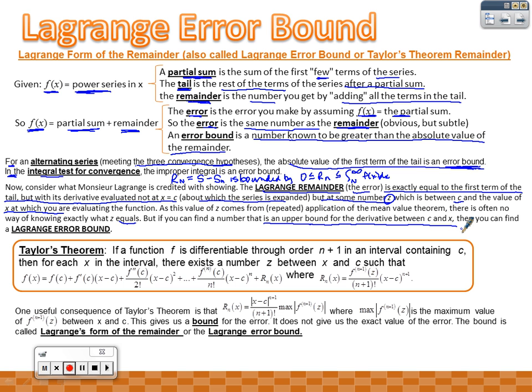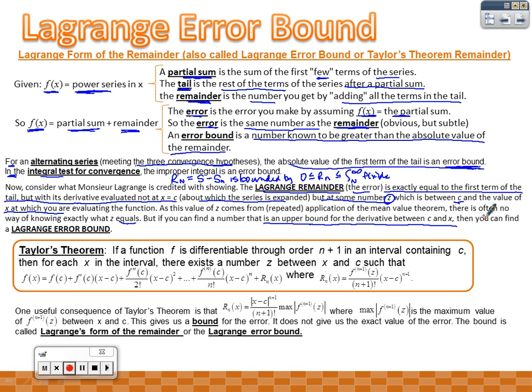I'm going to say that again, because z is usually what drives students crazy. Because z, who knows what z is, right? It's going to be different. So again, z is a number between the center of the series and where you're estimating. If we are centered at 5 and we're using the Taylor series to estimate 5.5, z is a number between 5 and 5.5 at which the maximum derivative value will occur.